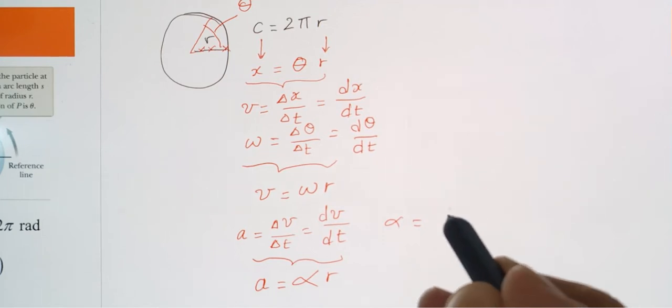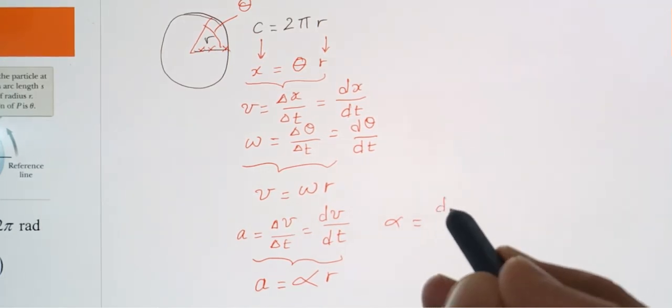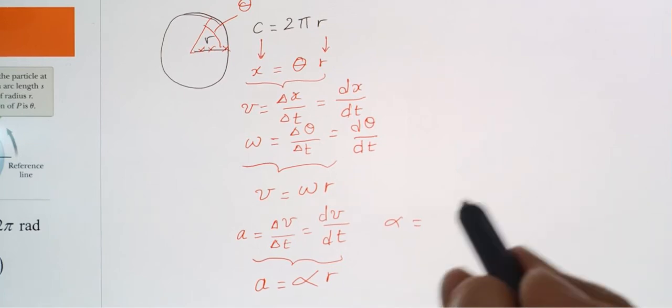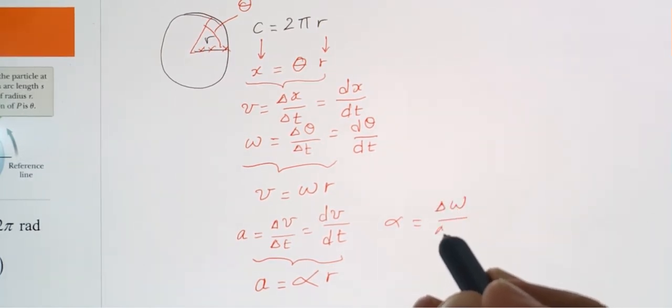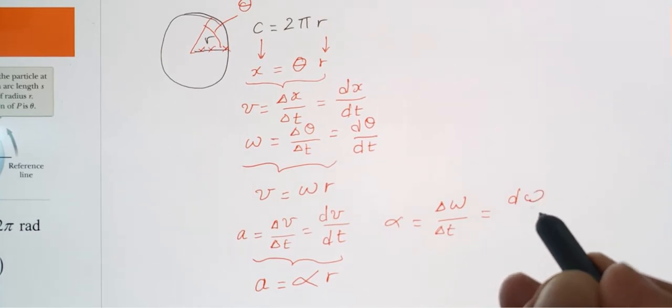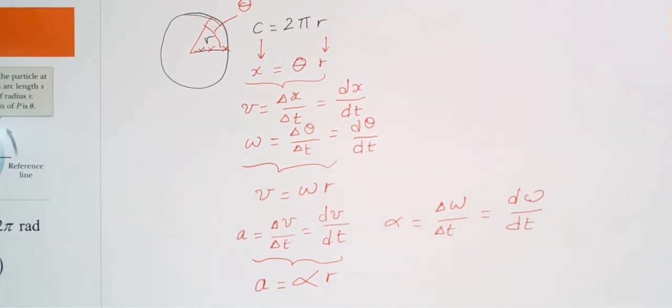Alpha is the derivative of omega, or delta omega over delta t, or the derivative of omega with respect to t. This chapter, by the way, is very easy. The difficulty in this chapter is to transfer your knowledge from linear motion, or translational motion, into angular motion. Please go ahead, Adil.